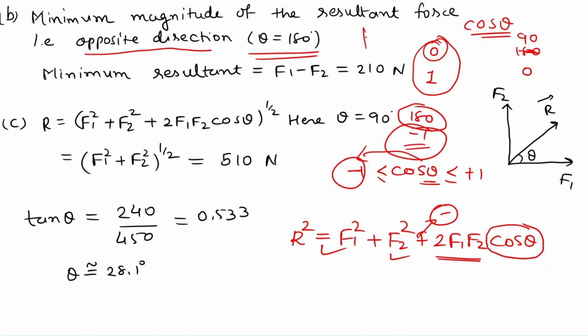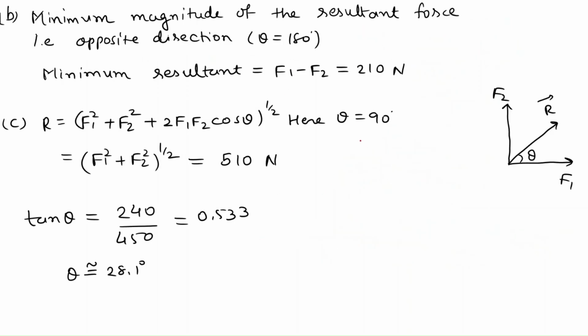Cos 0 means the angle between these two vectors is the same. If we want minimum magnitude, take 180 degrees. Now the minimum resultant is F1 minus F2, which is 280 Newton.